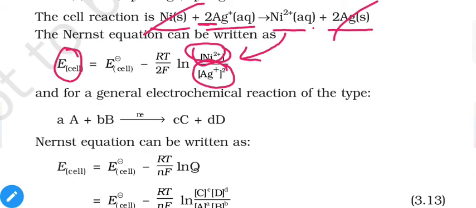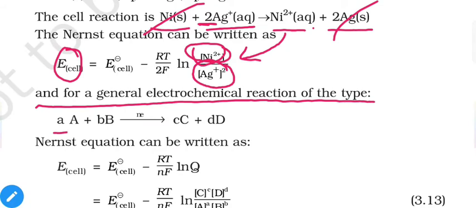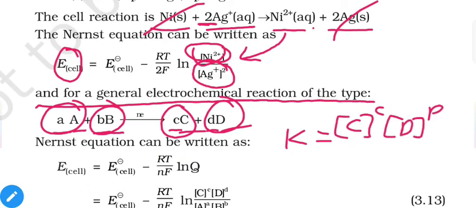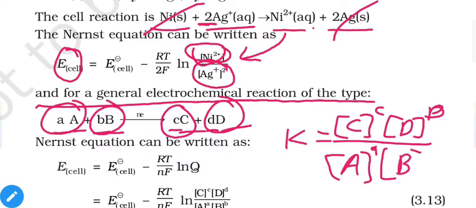Now, for a general reaction, our equation will be, suppose a moles of A and b moles of B give c moles of C and d moles of D. In that case, A and B are our reactants and C and D are our products. So equilibrium constant K is equal to C raised to c, D raised to d, that means they are our products, upon A raised to a and B raised to b.